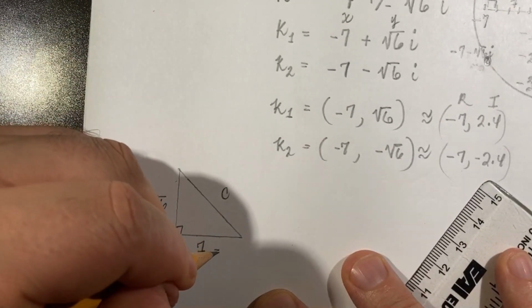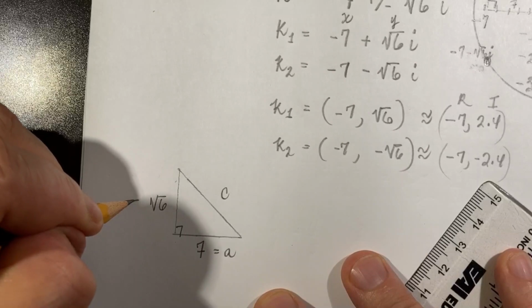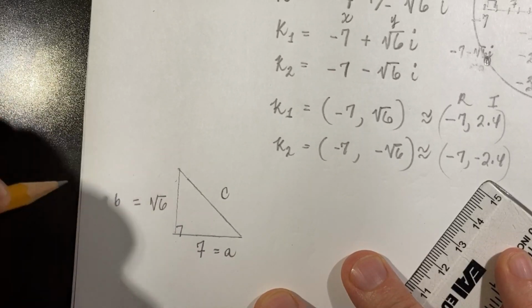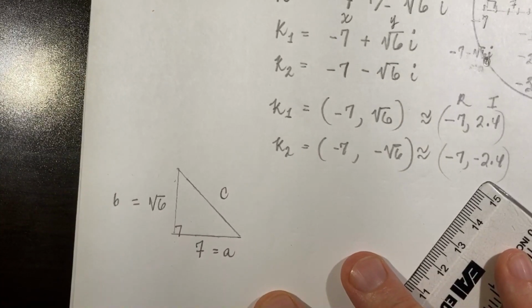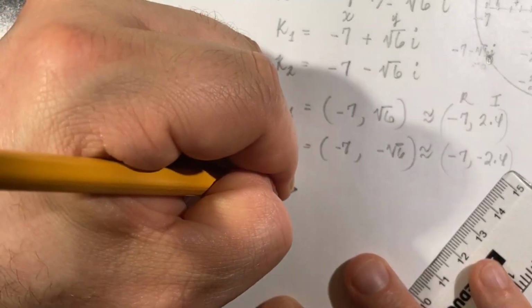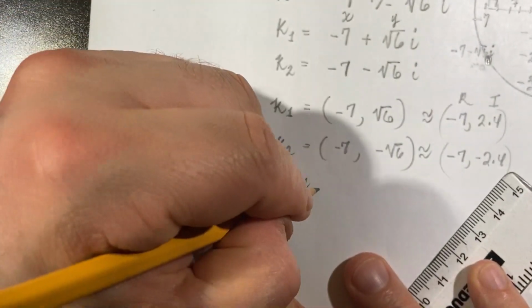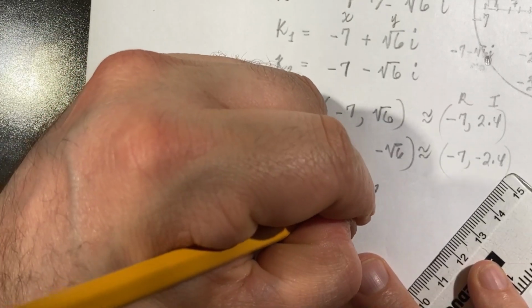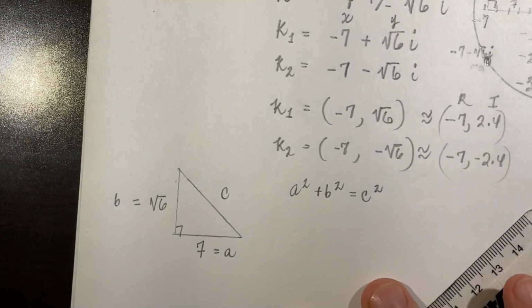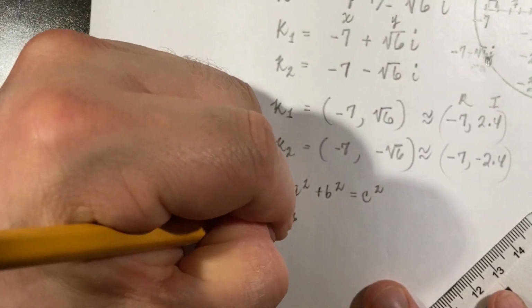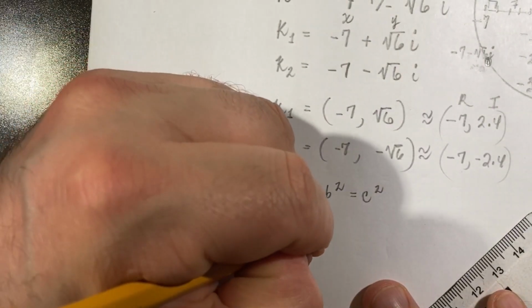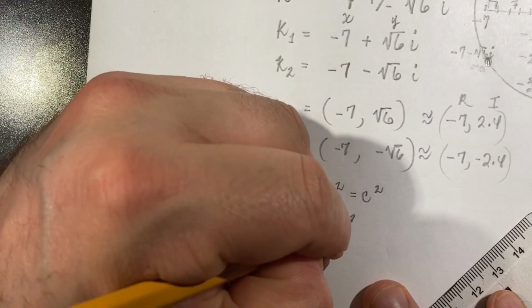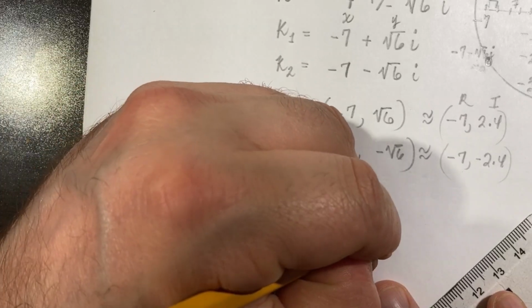All right. So the 7 can be A. The square root 6 can be B. And then we have the hypotenuse, which is C. Well, A squared plus B squared equals C squared. There's your Pythagorean theorem. So 7 squared plus square root 6 squared equals C squared.